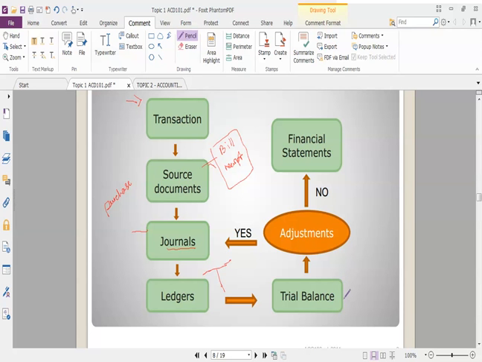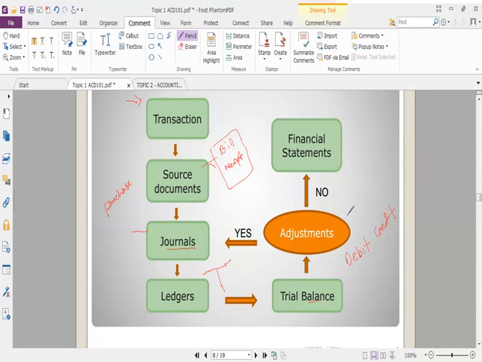In accounting we have debit and credit. The debit and credit columns should be balanced. That's why after we are done with the ledgers, we must prepare the trial balance.